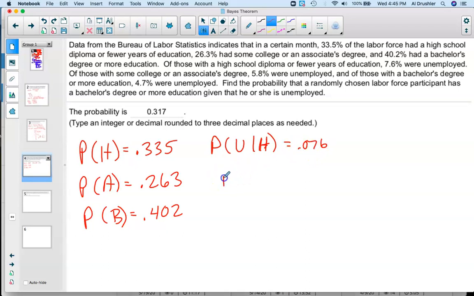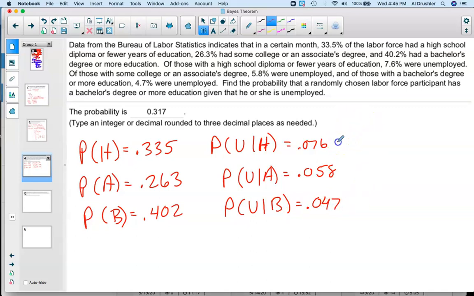And then it goes on to say of those with an associate's degree, 5.8% were unemployed. So the probability unemployed given an associate's degree is 0.058. And then the probability unemployed given bachelor's degree, so of those with a bachelor's degree or more, 4.7% were unemployed, so 0.047.